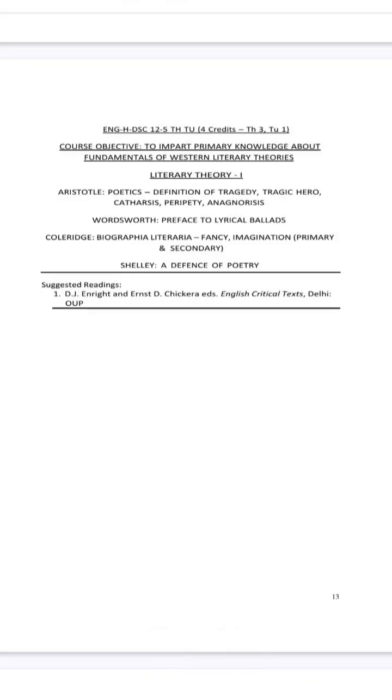Then we have Wordsworth's Preface to Lyrical Ballads, where he defines poetry as the language of ordinary life, emotions recollected in tranquility or calmness.